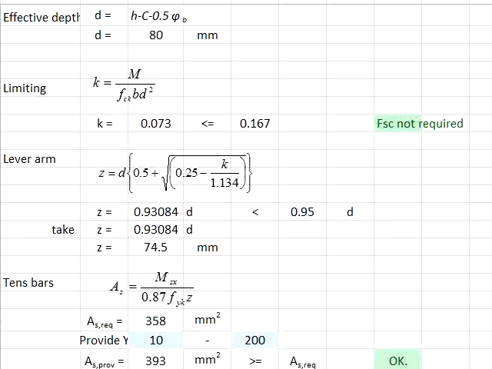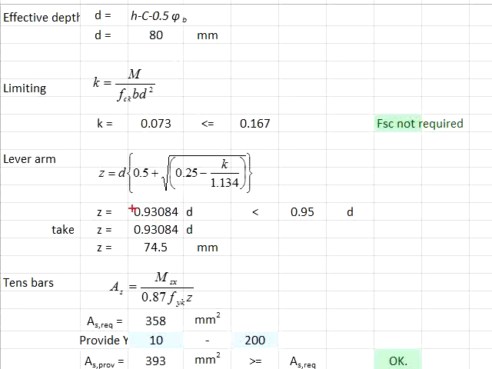Now let us proceed. Having the K acquired, we will need to determine the Z, which is the length of the lever arm. These equations will be used. Substitute the K into the equations.